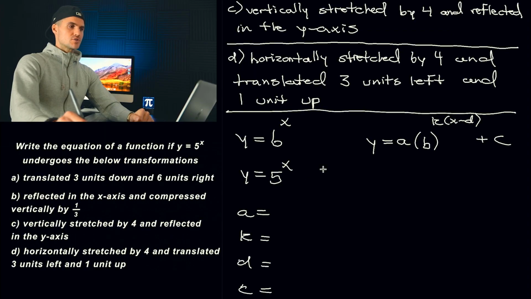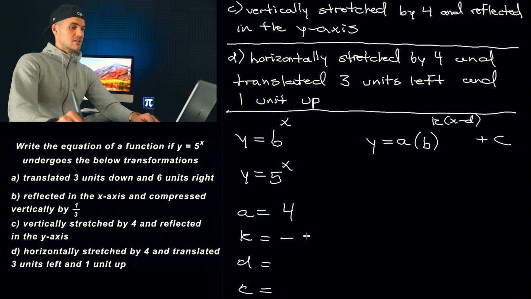So now moving on to part C, we're told that it's vertically stretched by 4 and reflected in the y-axis. So vertically stretched by 4, that's going to be the a value being affected again. But reflected in the y-axis, that means the k value is negative, right? If it's reflected in the x-axis, the a value is negative. In the y-axis, the k value is negative.